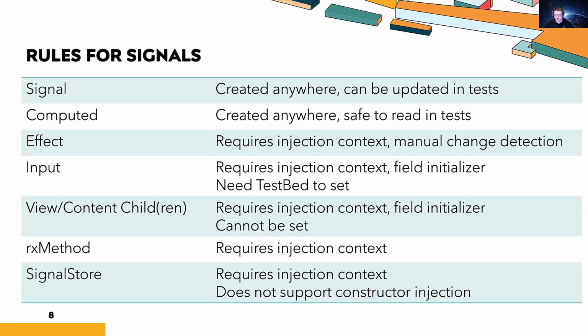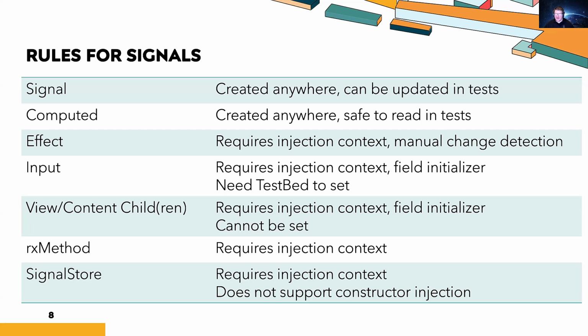The NgRx signal store has followed this pattern in requiring an injection context to be created, and on top of that, it doesn't support any kind of constructor injection. Rather, any external dependencies to the store have to directly inject from that Angular dependency injection container as well.